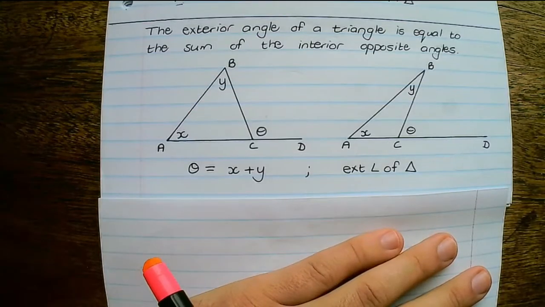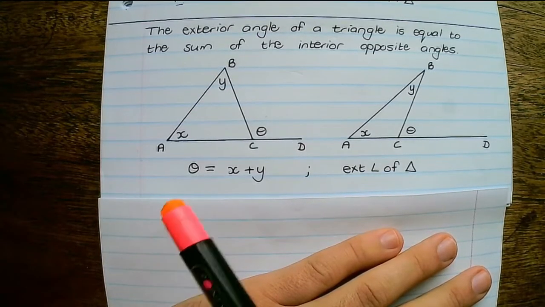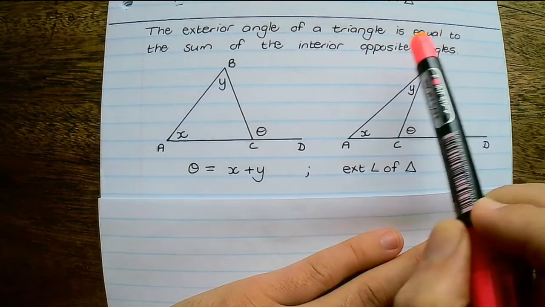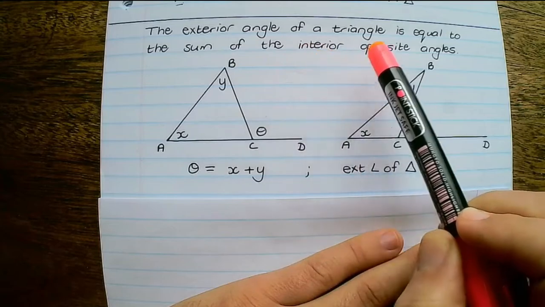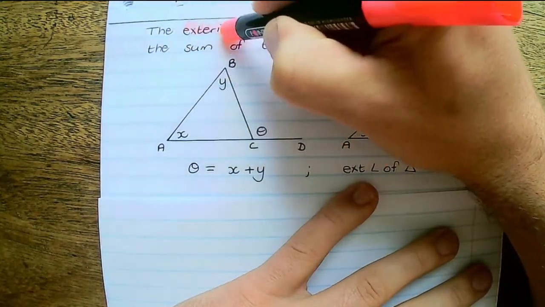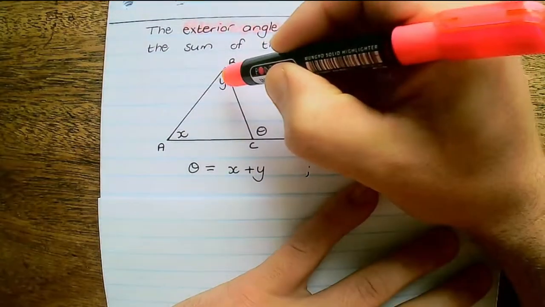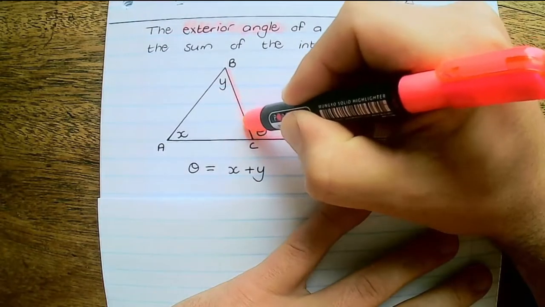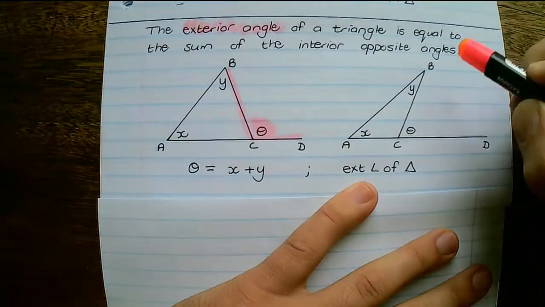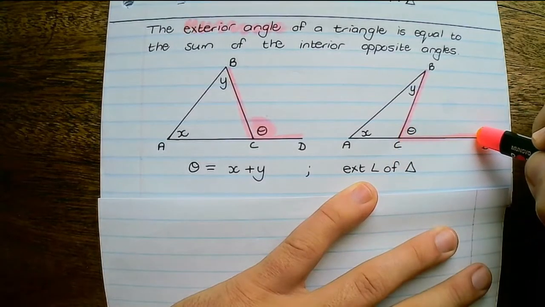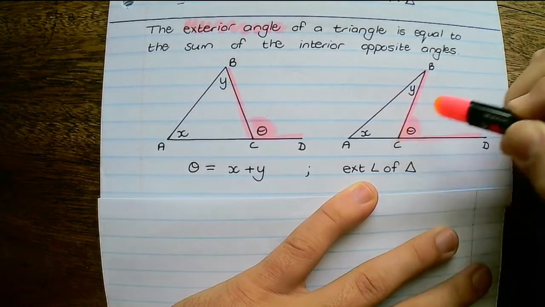The next one is a bit harder to see. It reads, the exterior angle of a triangle is equal to the sum of the interior opposite angles. So let's start with the words exterior angle. That refers to the angle on the outside of a triangle. And again, here are two examples that look slightly different, but they have the same properties.